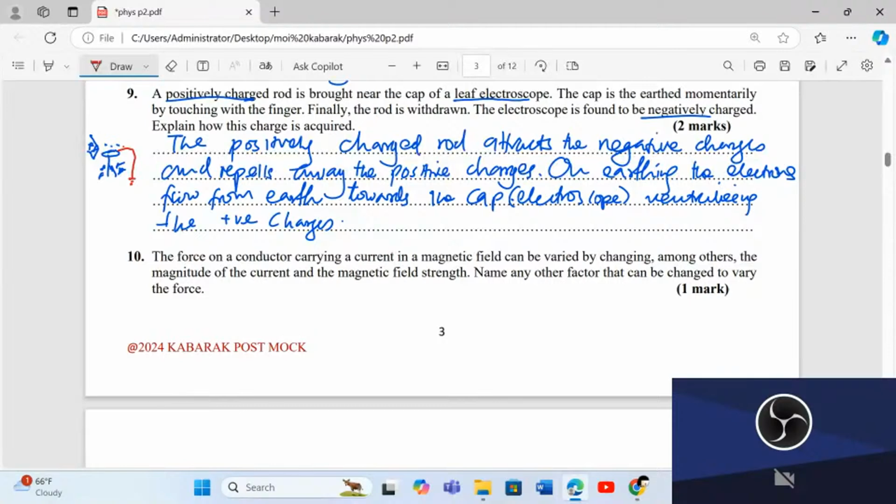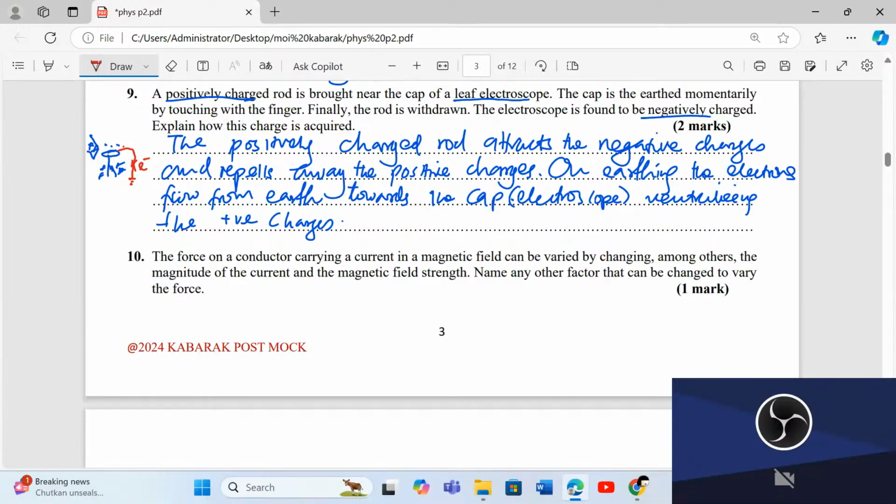Our entire mission is to have this leaf electroscope being charged negatively because we are using the induction method. Therefore, for us to remove these positive charges here, we expect that electrons flow from earth towards the cap. And it is in this manner that the electrons, which are negatively charged, will overpower the positive charges. Then we say they have been neutralized.